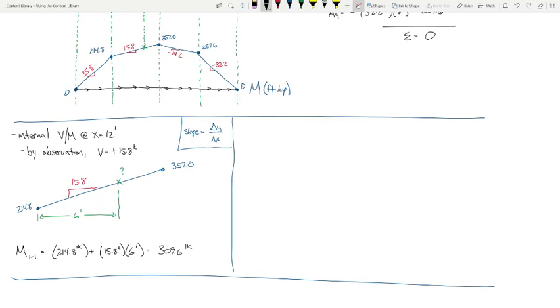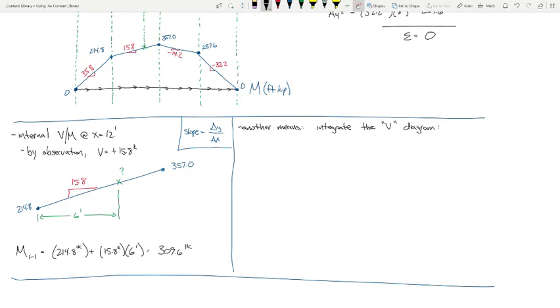Now that is one way to determine the internal moment at a particular point. There's another way, another means, and that is to integrate the shear diagram.